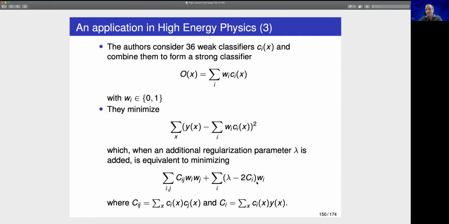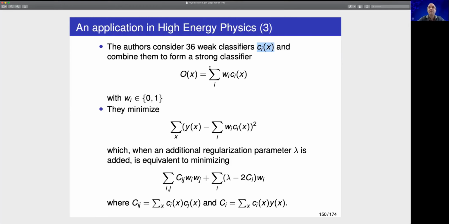So these are classifiers that are not very good because they do not take into account all the information. These are the classifiers that are called here C sub i. This gives a value of 1 or -1, depending on whether it is background or signal, okay?